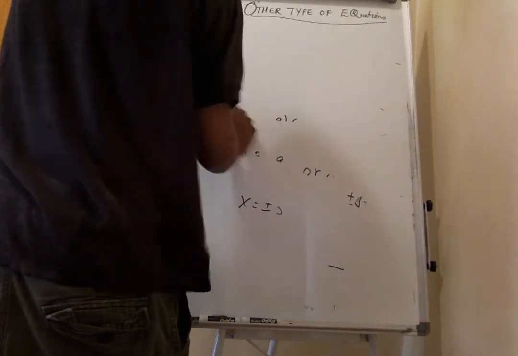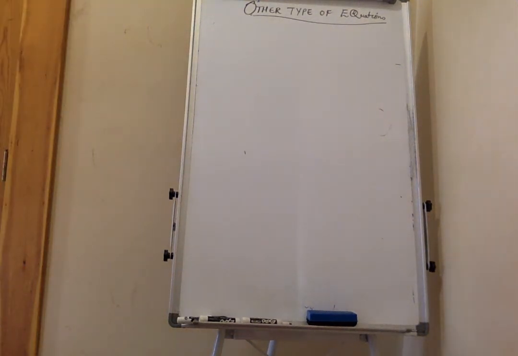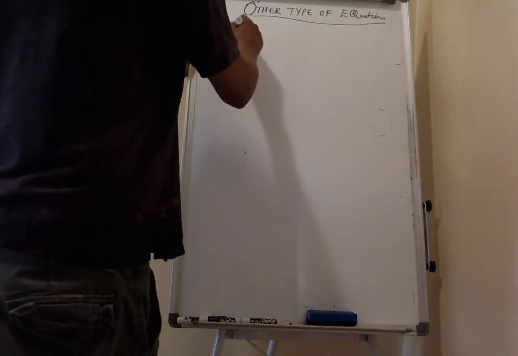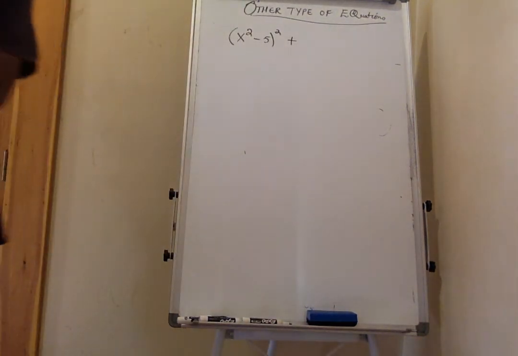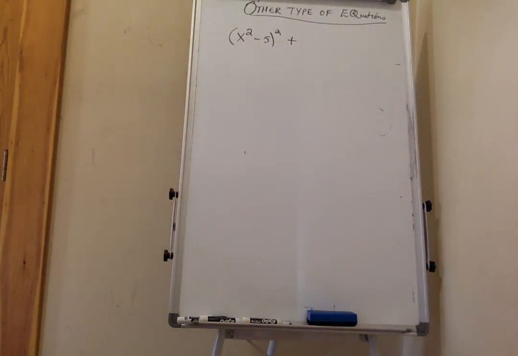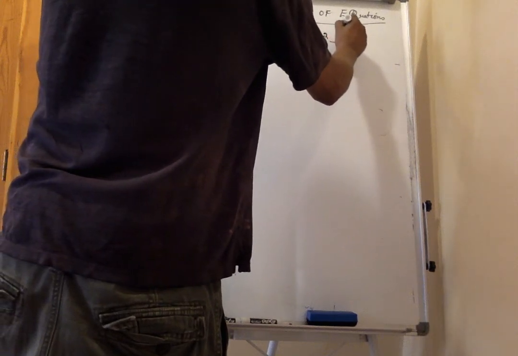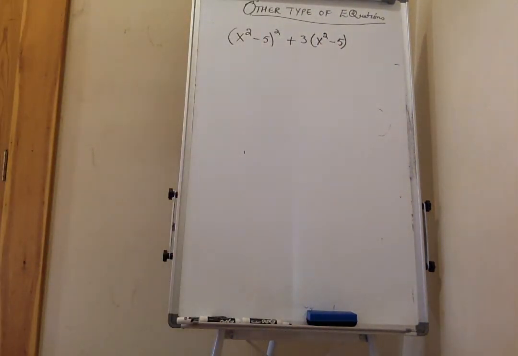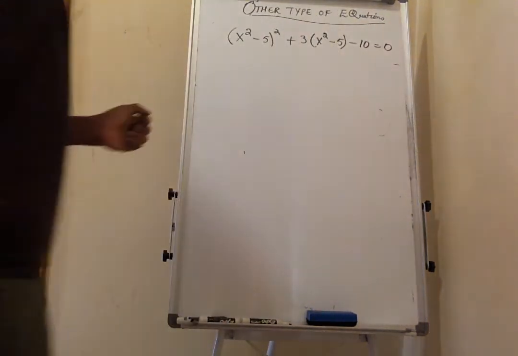Let me do one more of this. Now, this is x squared minus 5 squared plus 3 times x squared minus 5 minus 10 is equal to 0.